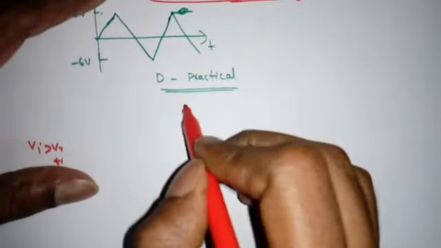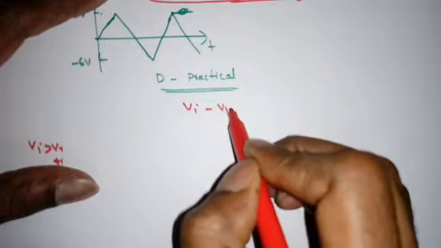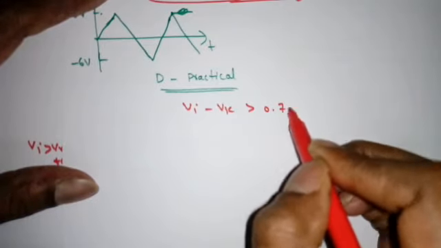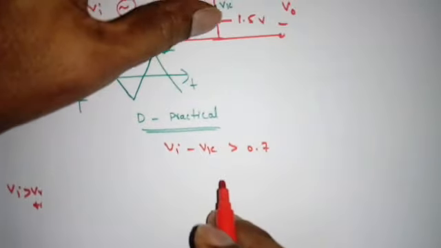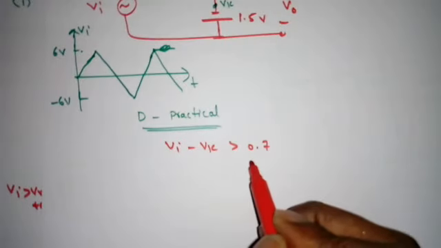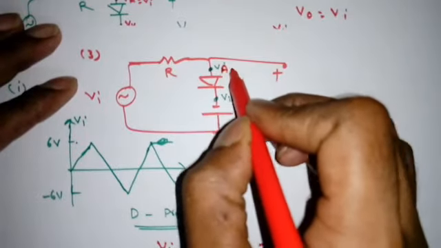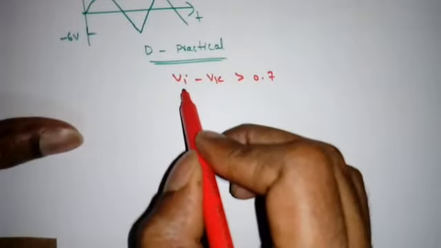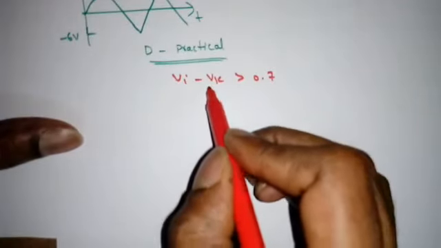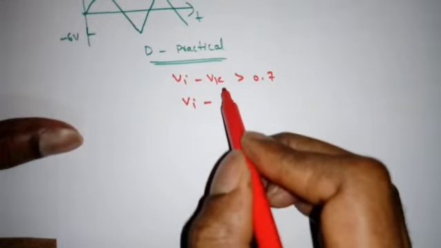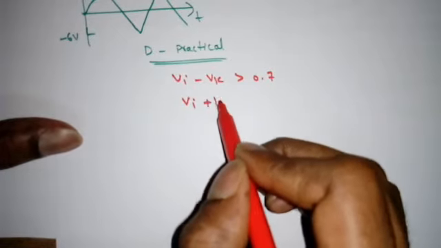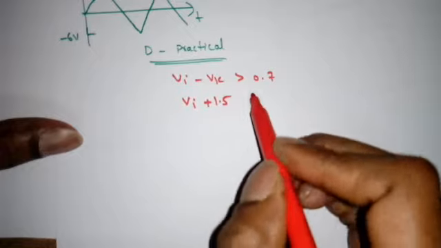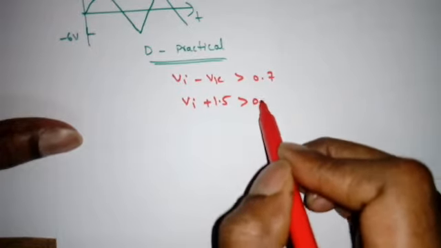Now when the diode D is practical, so the Va minus Vk should be greater than at least 0.7 volt. So the anode voltage minus cathode voltage should be greater than 0.7. Va is Vi, which is already given. Vk is minus 1.5. So Vi minus of minus 1.5 will become Vi plus 1.5, greater than 0.7.